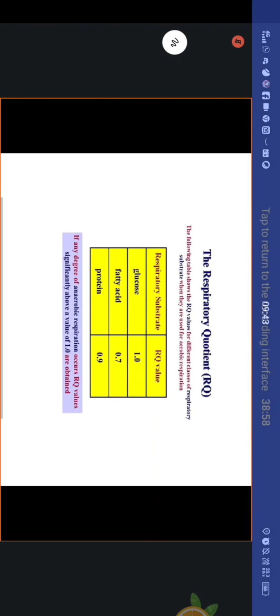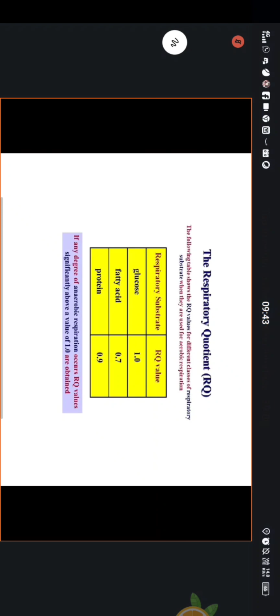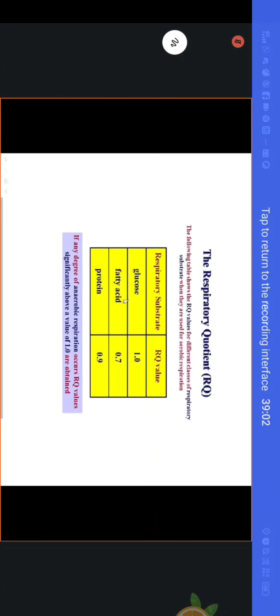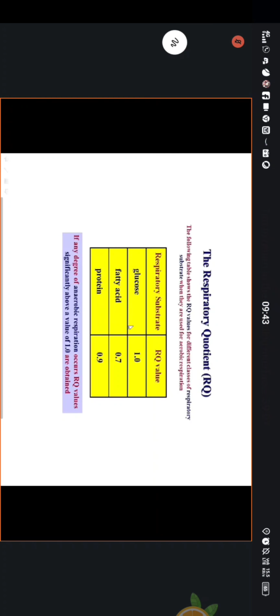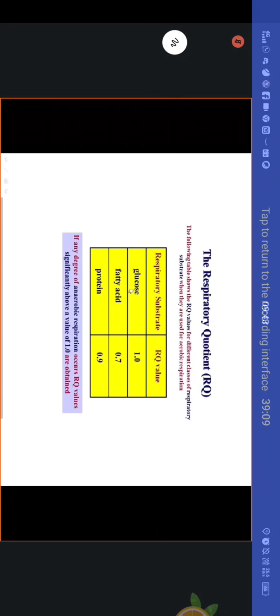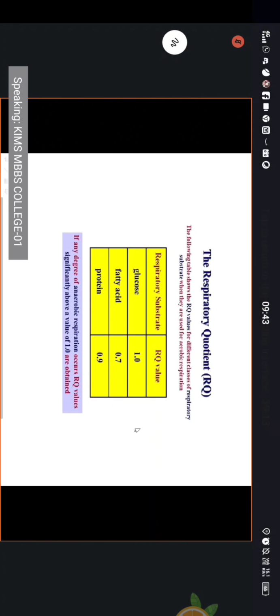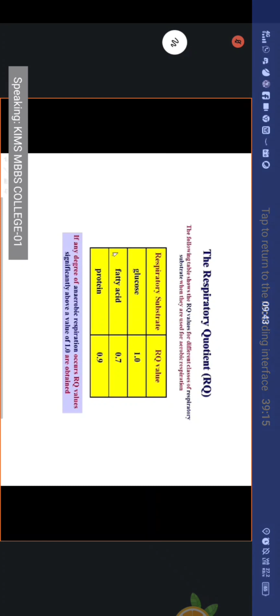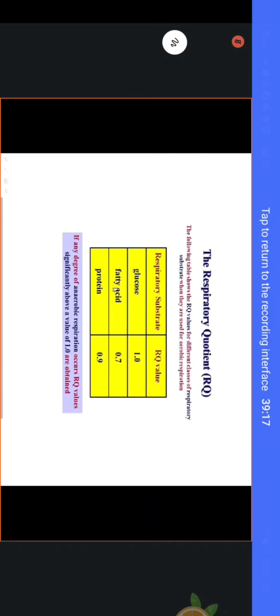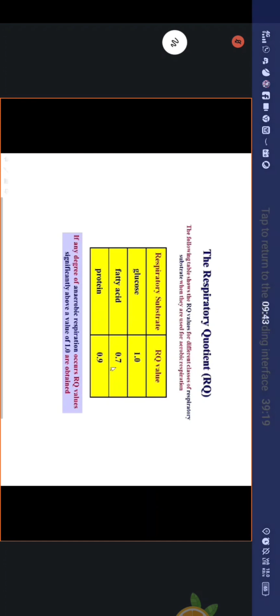It can vary based on the fuel consumed, depending on the intake of food: carbohydrates, proteins and fats. If only carbohydrates, that is glucose, for example, usually an equal amount of carbon dioxide is eliminated and oxygen consumed. Whereas for fatty acids and proteins, it is usually less than 1.